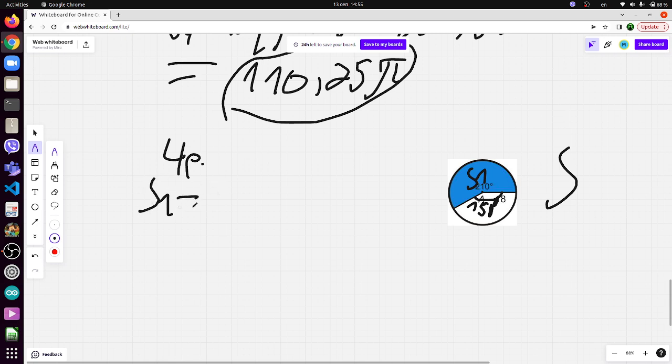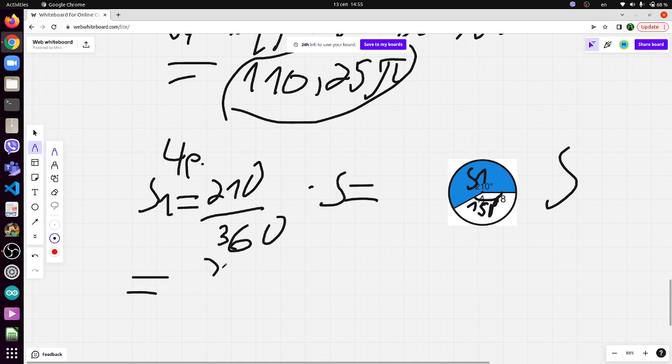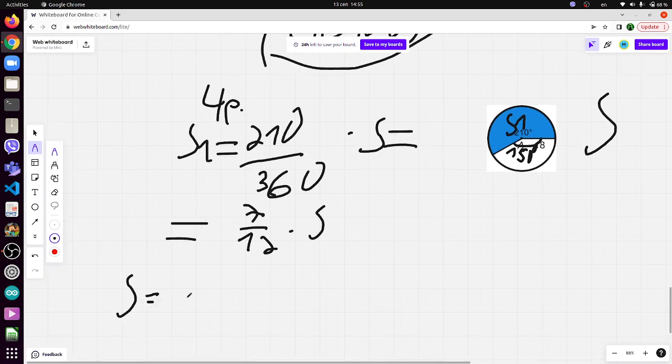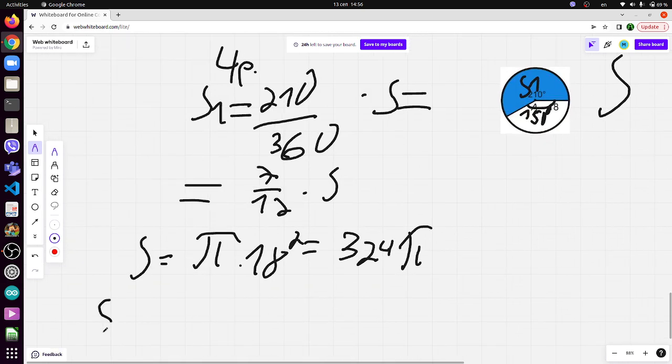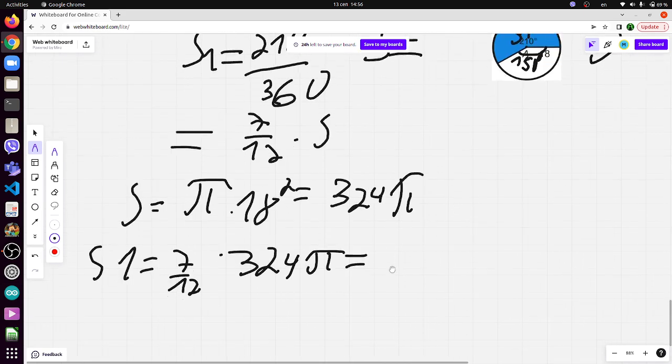So S1 is 210 over 360 times S, which is 7 over 12 times S. We know that the radius is 18, so S is pi 18 squared, which is 324 pi. So S1 is 7 over 12 times 324 pi.